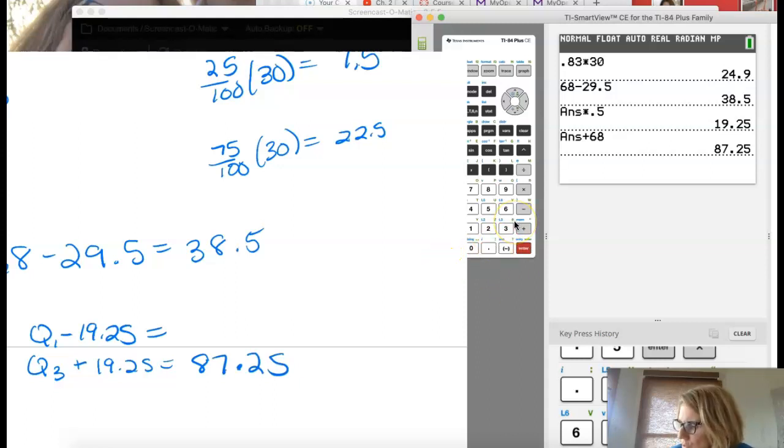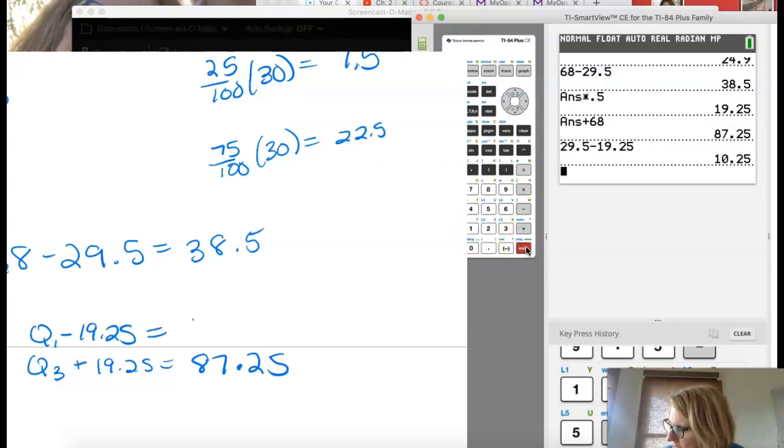And then we do 29.5 minus 19.25, and we get 10.25.